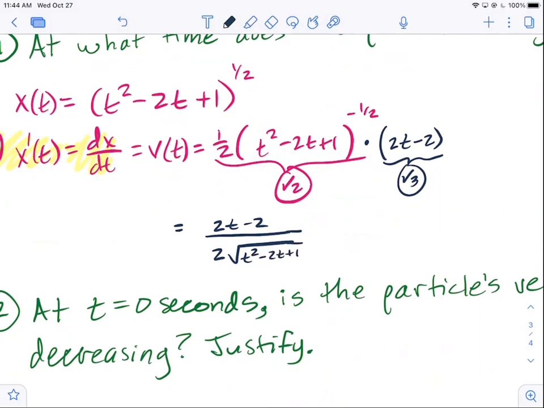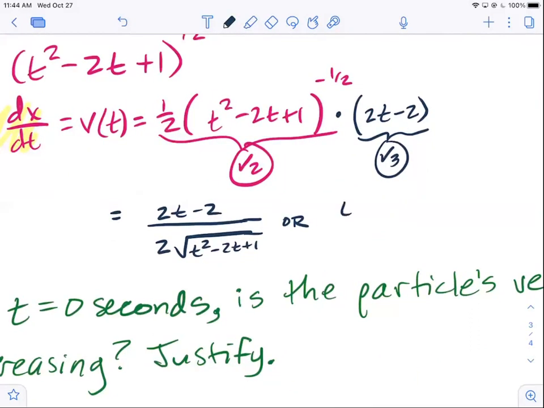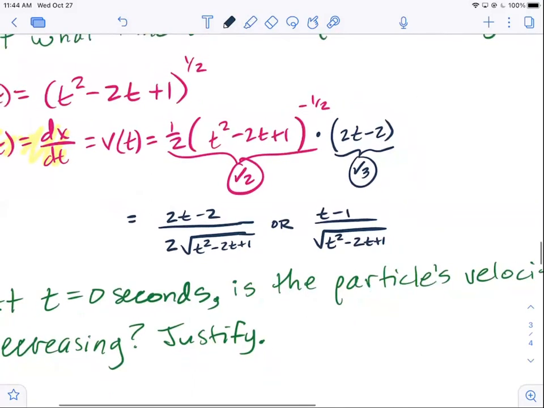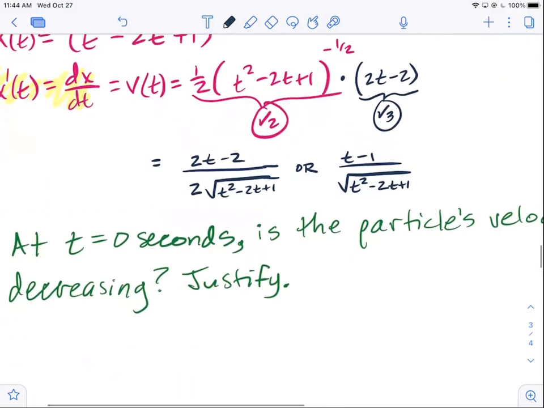Some of you might have realized that the 2's divide out and you're left with t minus 1 all over just the square root of t squared minus 2t plus 1. I'm not going to give an extra check for that. I would encourage you to clean it up, but it's not an absolute fundamental requirement.